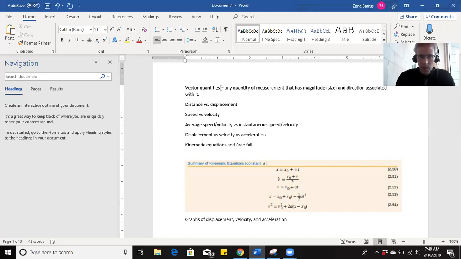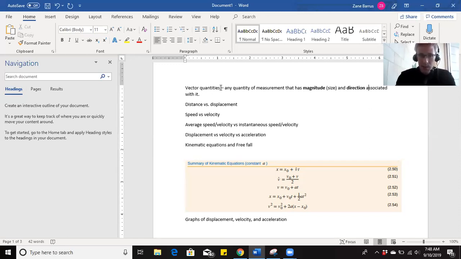The other component of vectors is direction. Direction can mean up, direction can mean down, direction can mean at a 45-degree angle. Any information about the measurement that denotes where it's going is a direction. Once again, vectors are any quantity of measurement that has a magnitude and direction.